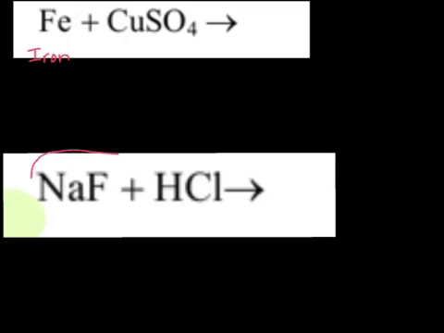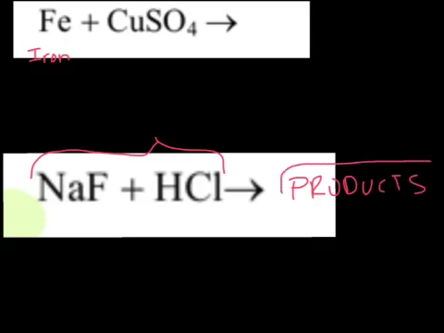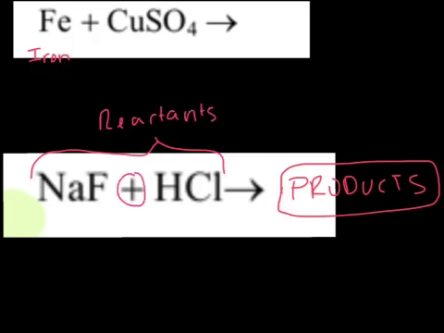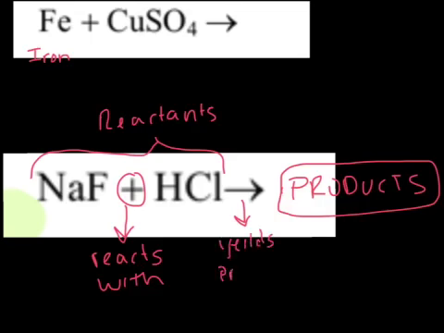The reactant side is everything on the left side of the arrow, and then the products are going to be on the right side of the arrow. Remember that this plus sign means reacts with. The arrow means yields or produces. And the plus sign on the product side of the equation means and.